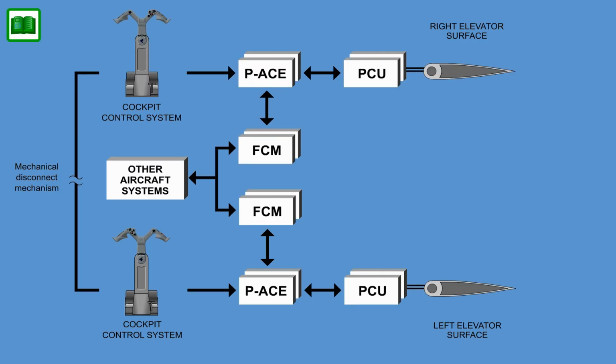The elevator control system uses conventional control column assemblies to drive the fly-by-wire elevator control system.